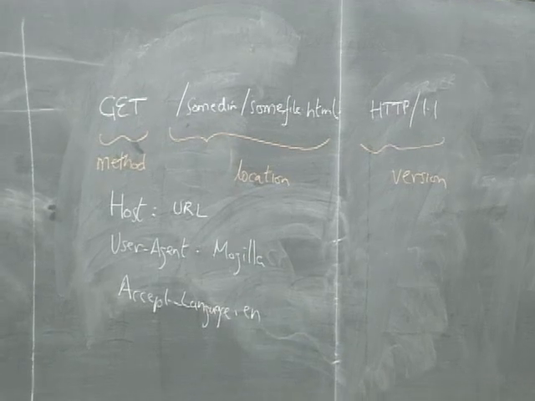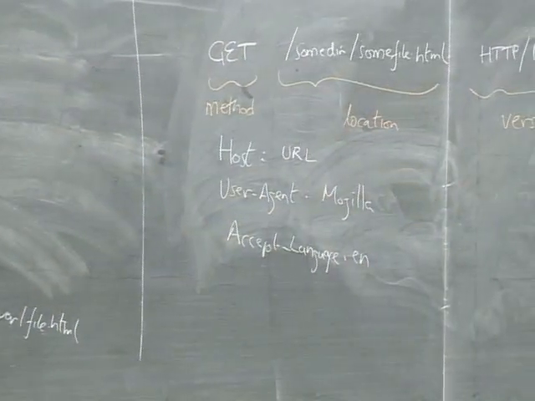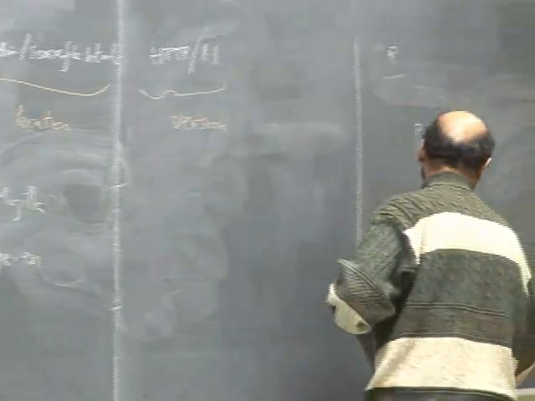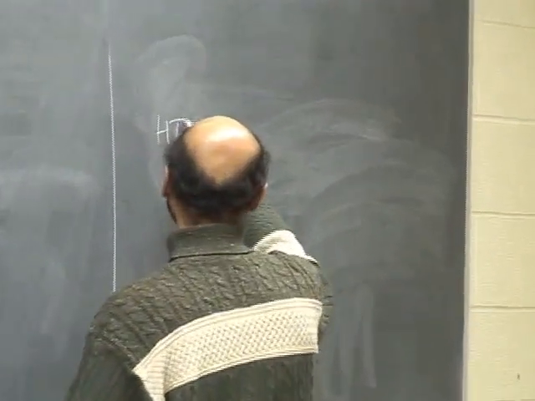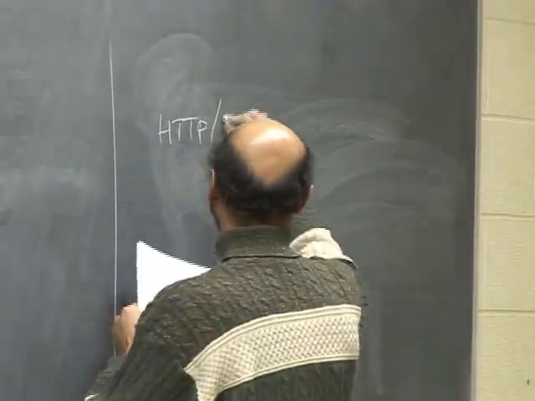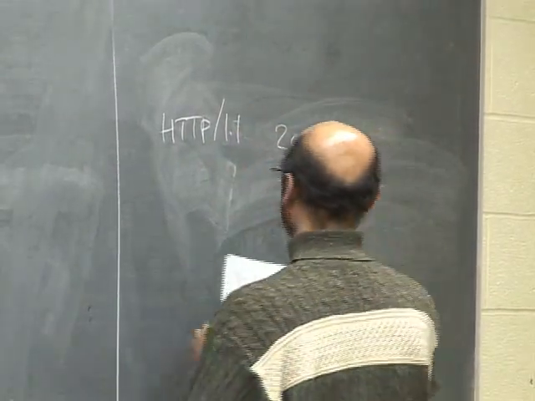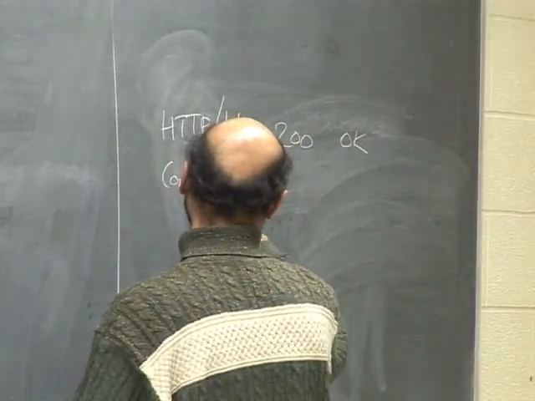What does the response look like to this text? The response looks something like HTTP/1.1 200. Okay, and then there'll be some kind of date, and then there'll be content type.